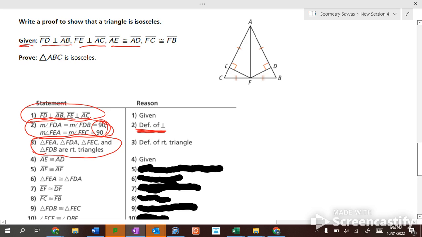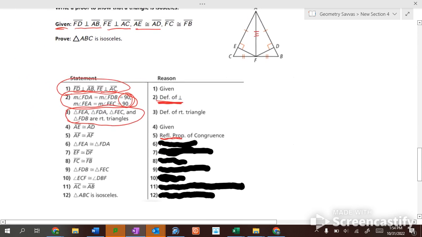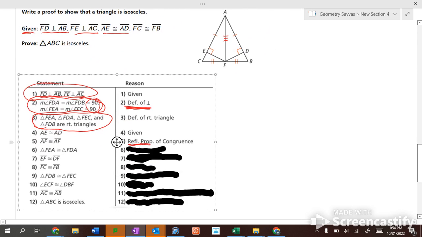It is on top of itself, so it's like a mirror reflection, the reflexive property. You don't have to say of congruence in my room, but that's what it officially is.